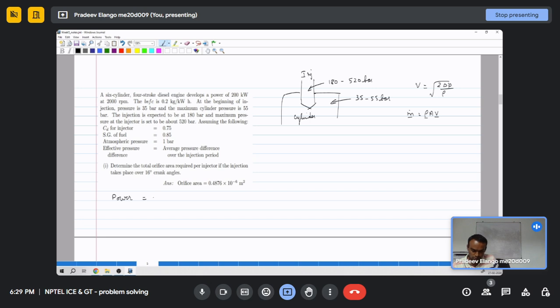Power is 200 kilowatt, and that is 200 divided by 6 cylinders.